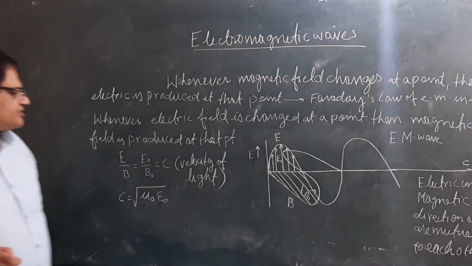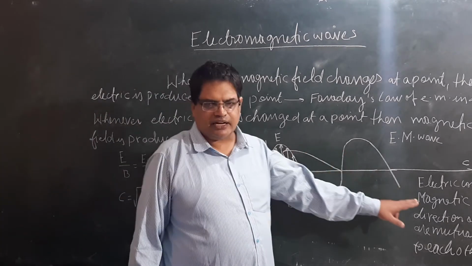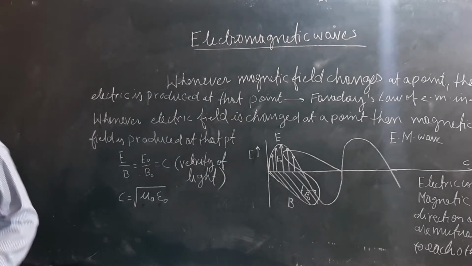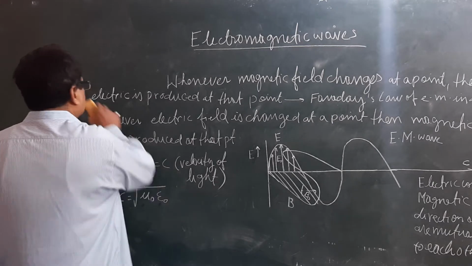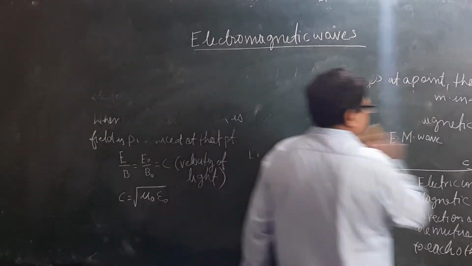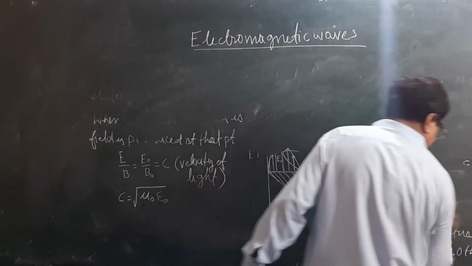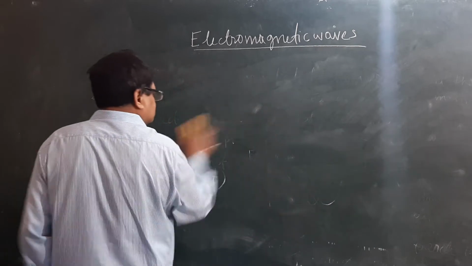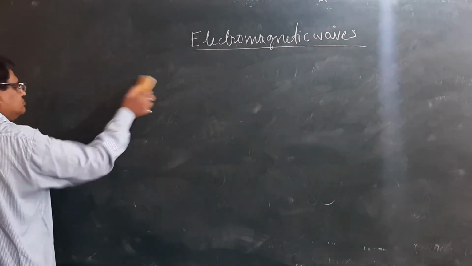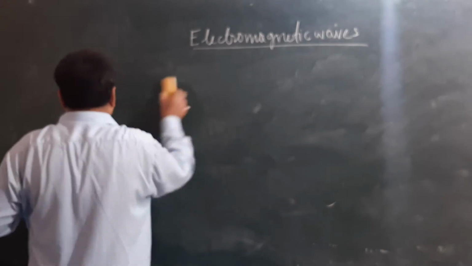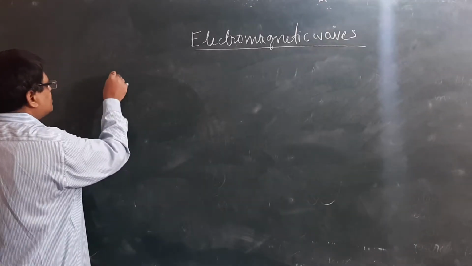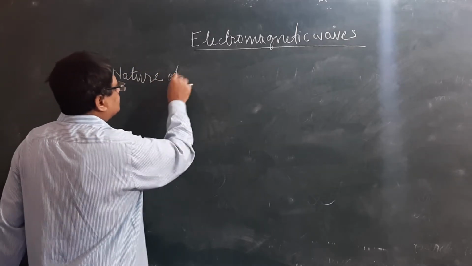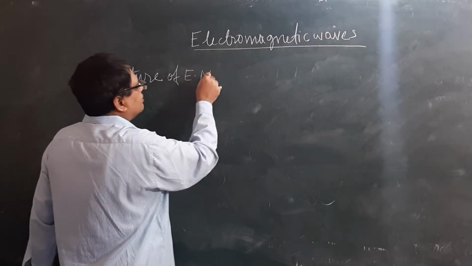So electromagnetic waves are transverse or longitudinal? As you see here, electromagnetic waves are transverse in nature. So I will write here the various natures of electromagnetic waves. Nature of electromagnetic waves.